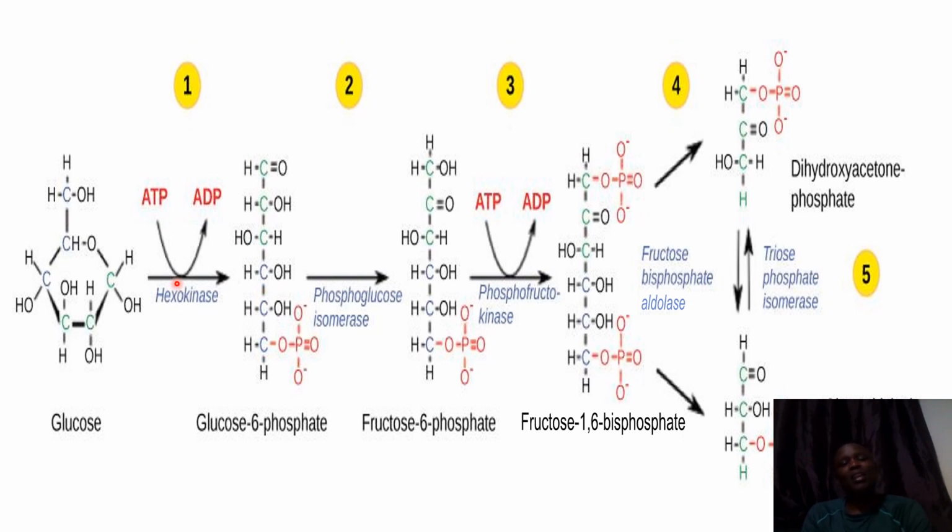Now in this slide, as you can see, we have the structural representation of the glucose molecule and what happens. For example, here in step 1, glucose is phosphorylated at carbon number 6, making glucose become glucose 6-phosphate.